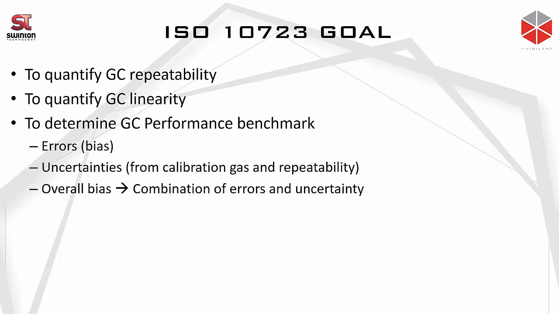It shows that the GC may have a different repeatability depending on the range it operates in. But what I'm trying to show in this presentation is the linearity section and the bias introduced by the non-linearity of the system. These are the two topics we are going to focus on today.